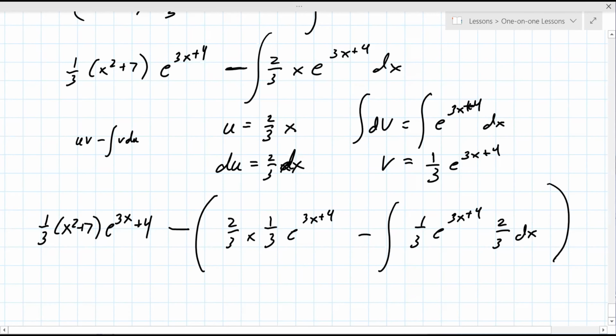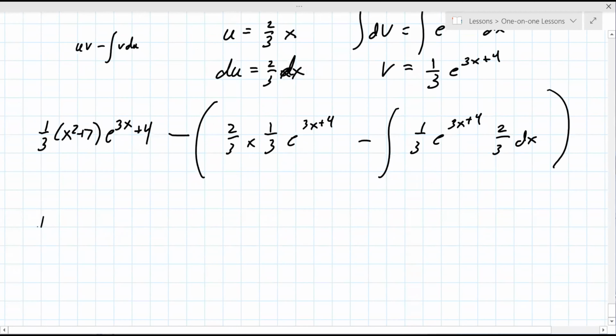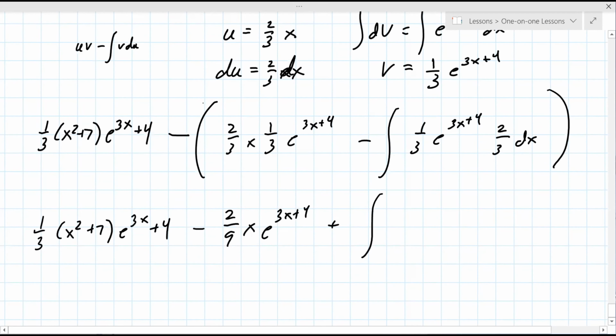And that's all in parentheses here. So this is 1/3 (x squared plus 7) e to the 3x plus 4 minus, and then I'll combine these. So it's 2/9 x e to the 3x plus 4 plus the integral, because you can distribute that negative in, of 2/9 e to the 3x plus 4 dx.